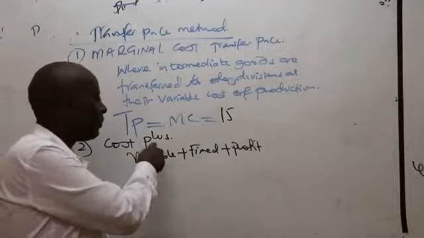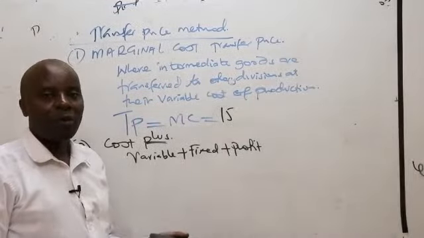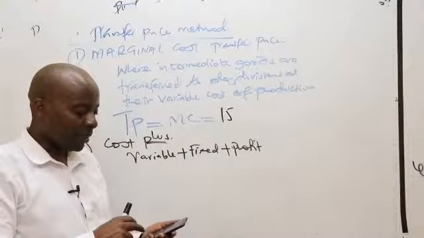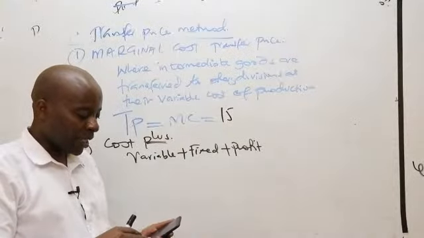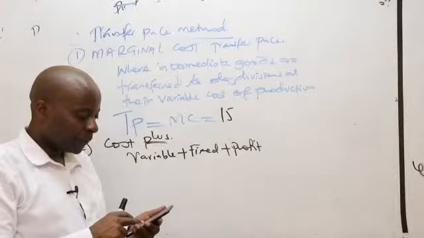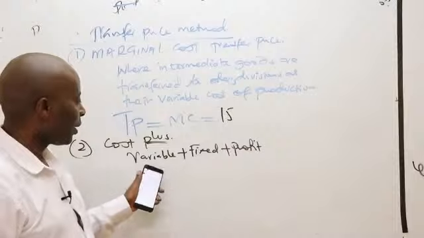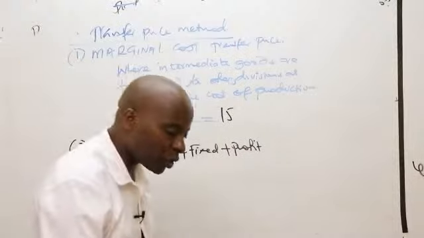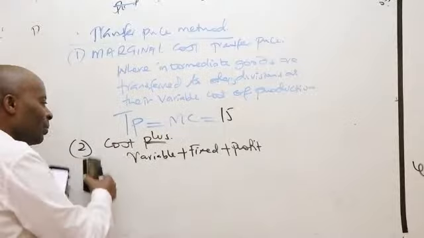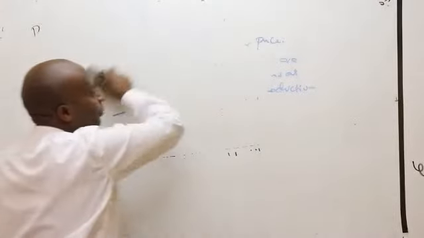So the plus here means profit added. And I want us to write a short question on this cost plus before we proceed. We have to understand this basis. So mention the illustration.